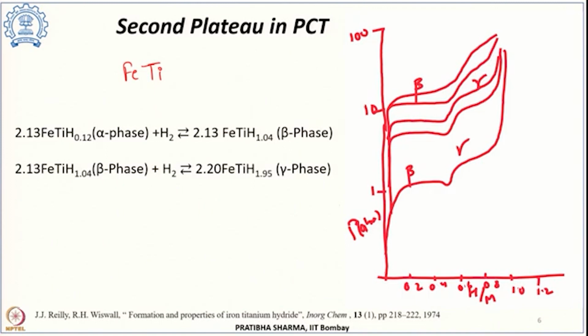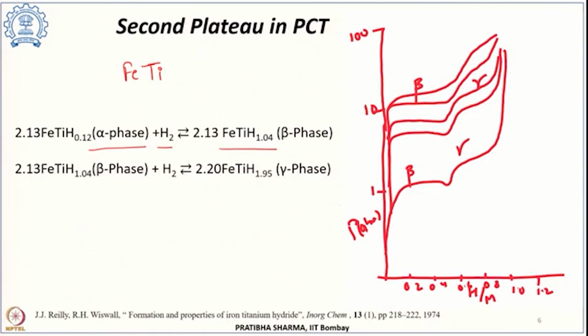Now, for example, for FeTi we can say that there is an alpha phase which gets hydrided to form a beta phase, and this beta phase further hydrides to give one more phase, which is the gamma phase, and thus there are two different plateaus existing.